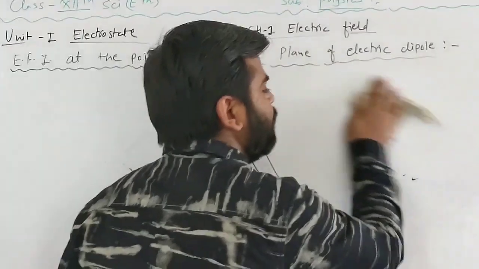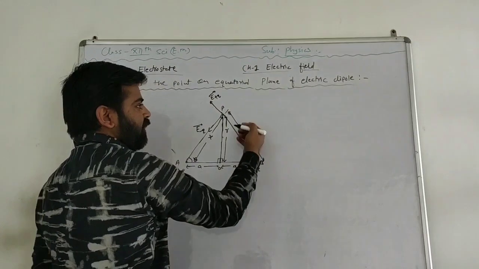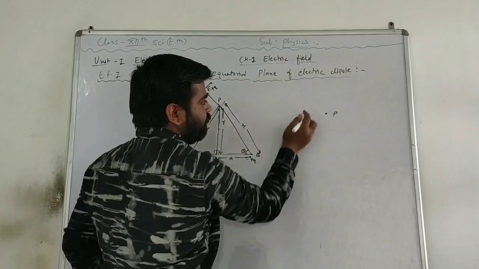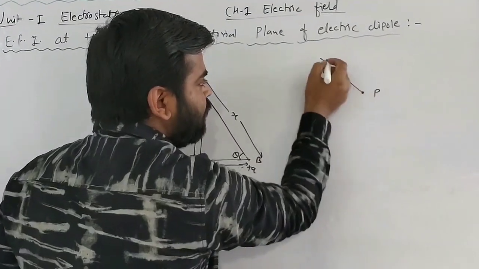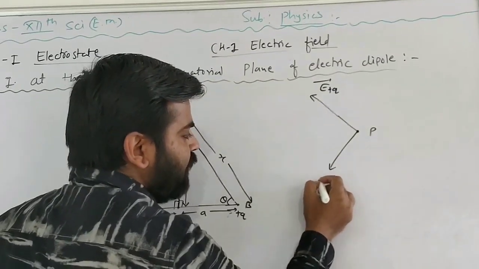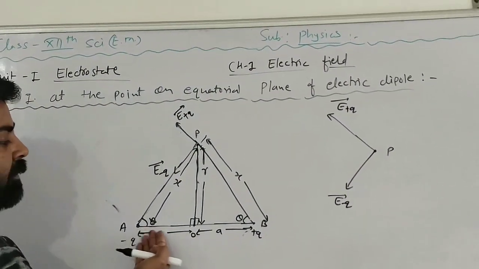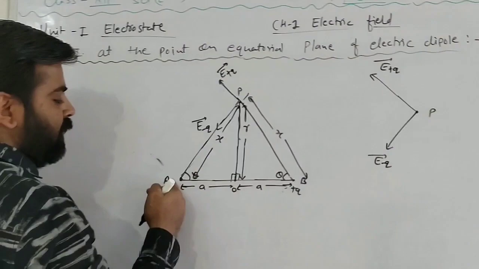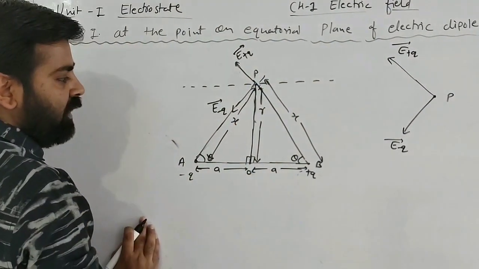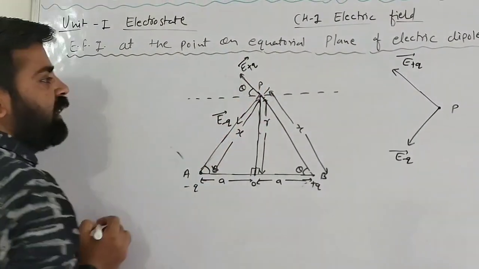Now we resolve the components of E plus Q and E minus Q. Separately I resolve here. This is our point P, this one is the E plus Q vector, and another one is the E minus Q vector. We draw a line parallel to AB at point P. As this is theta angle, that angle is also theta.